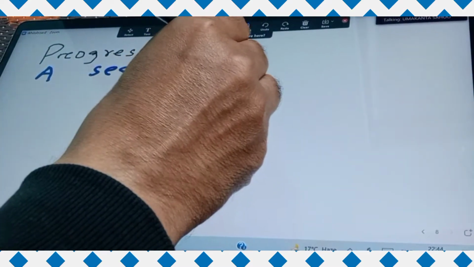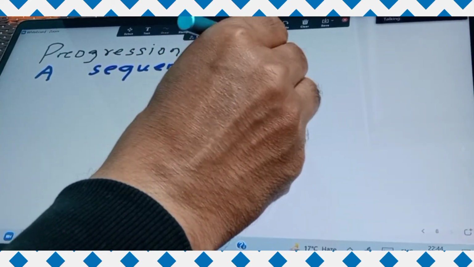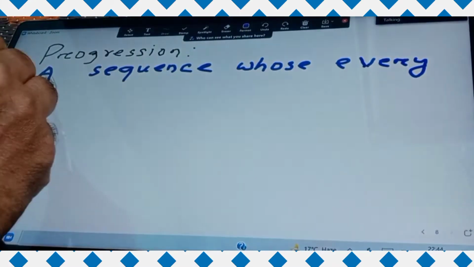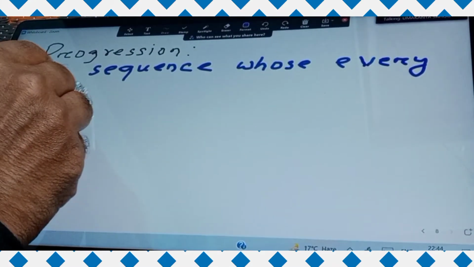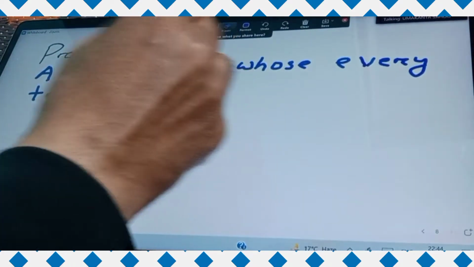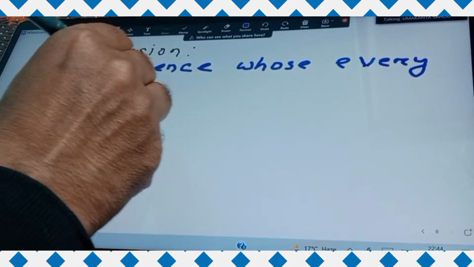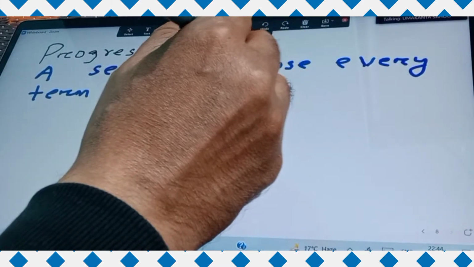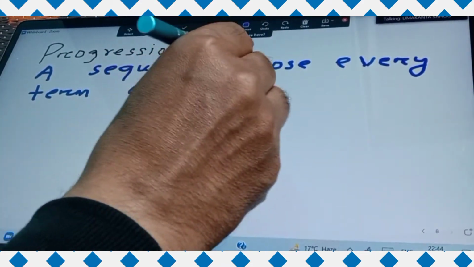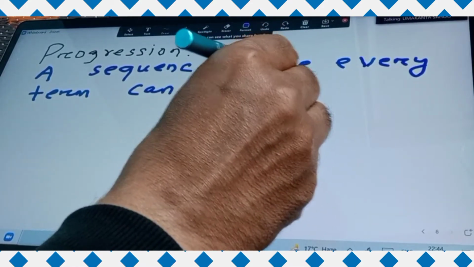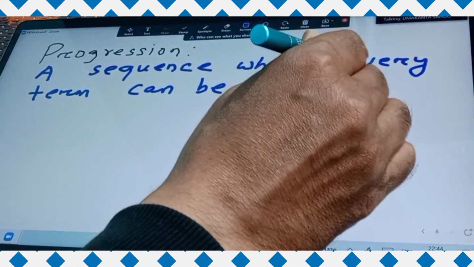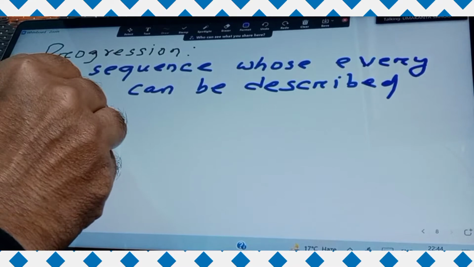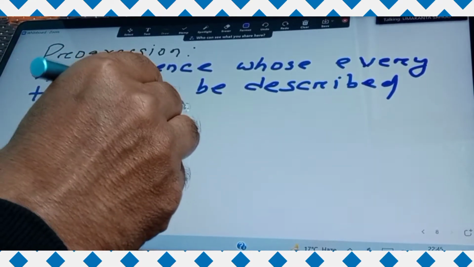A sequence whose every term can be described or explained by an explicit formula.